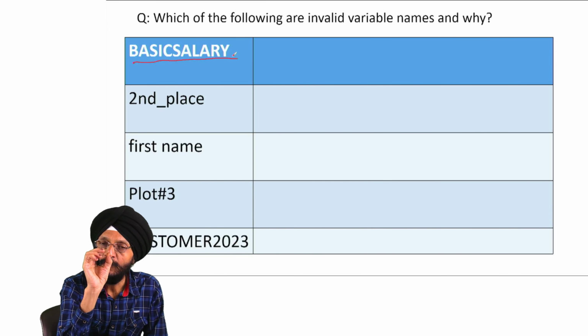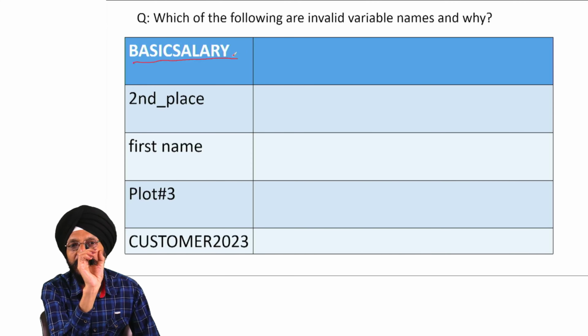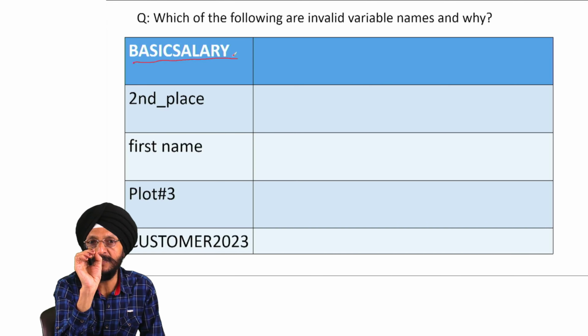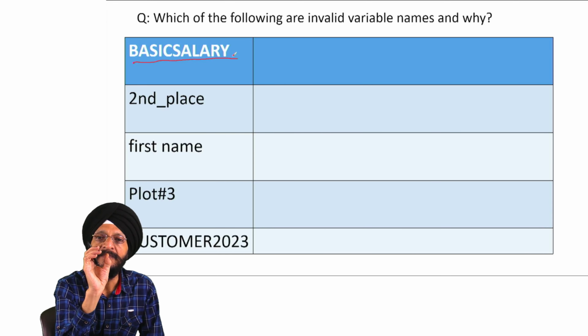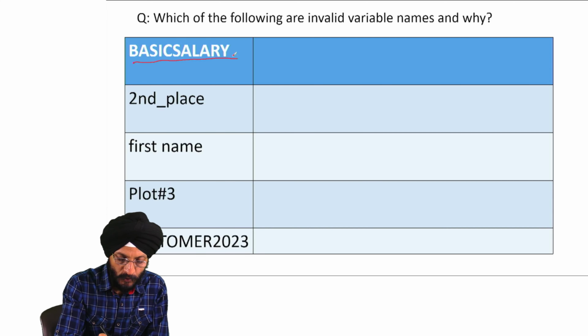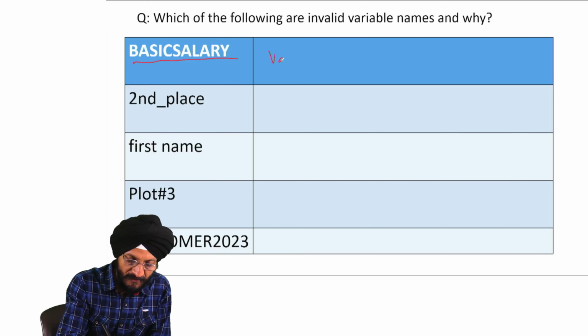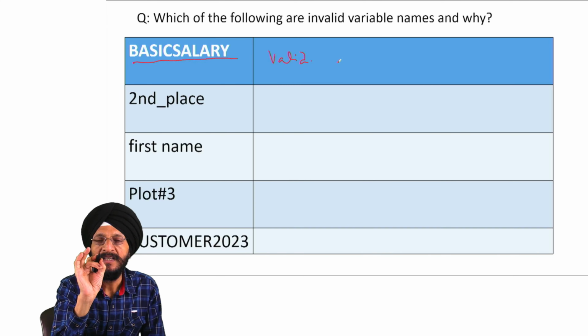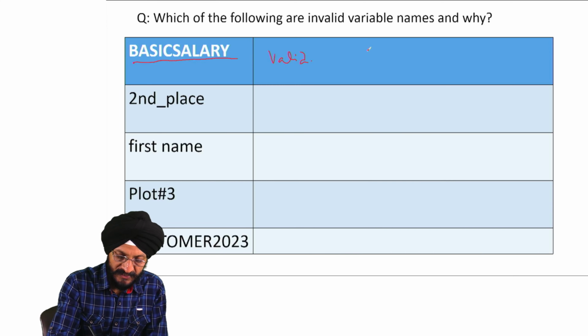So we have already learned that the variable naming convention allows us to have the variable name in upper or in small letters. So here it is a valid variable name. It does not have any special characters such as exclamation, percentage, dollars, etc.